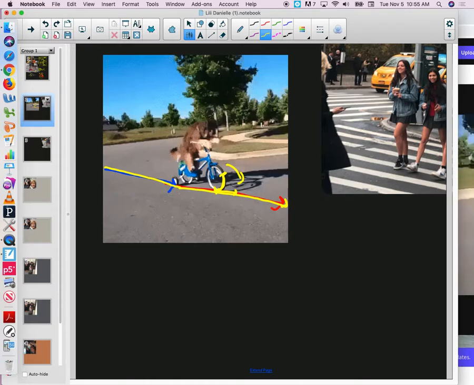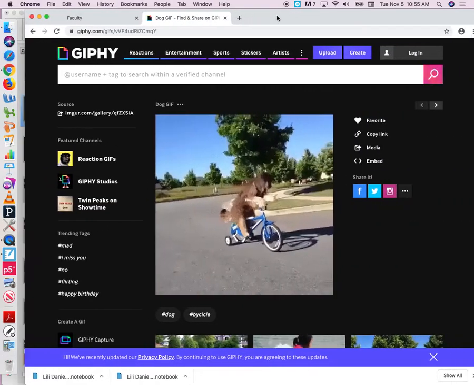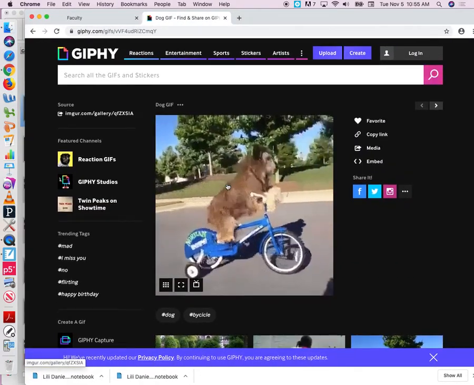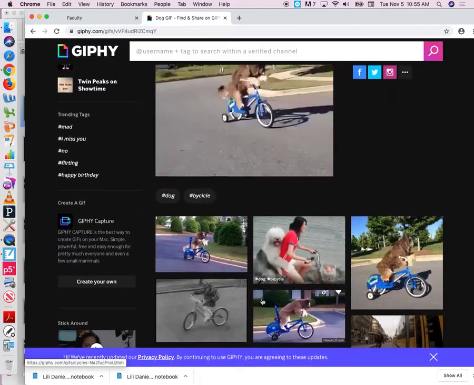Now I want to go to something else. Simple machinery. Let's go back to these gifts, and maybe I can get one that you can see. Bicycles are a great example of this.